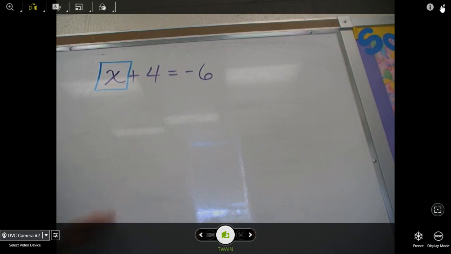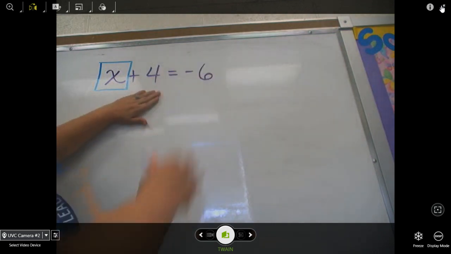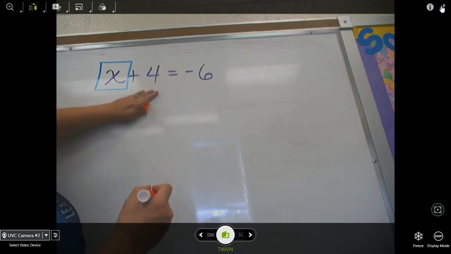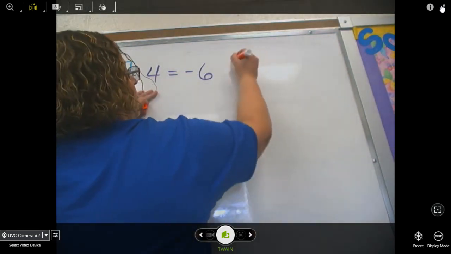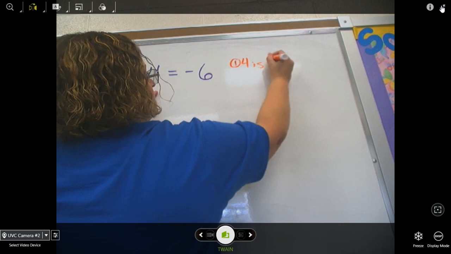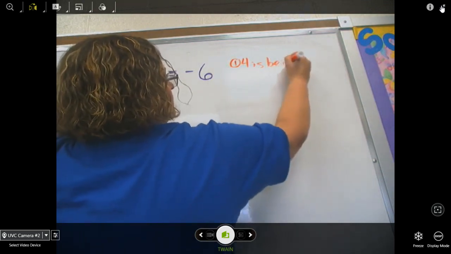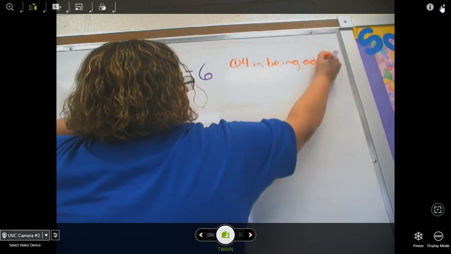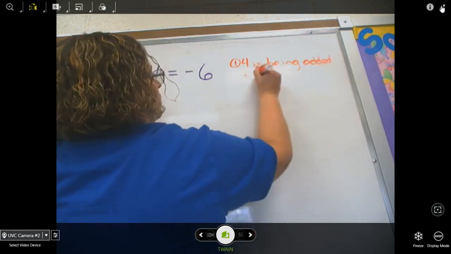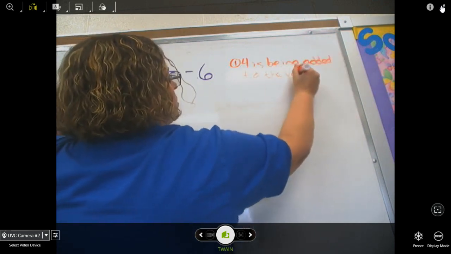All right, so now what's going on right here? I'm going to write it out to the side. Right now 4 is being added to the variable, right?